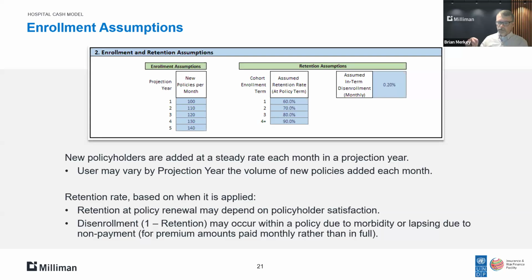At the conclusion of their term, we have a rate for what fraction of individuals re-enroll in the policy, as well as, if there's a monthly payment rate, who disenrolls within term. So this helps control the initial ramp up of the product, but then also how large the product might be after some time.